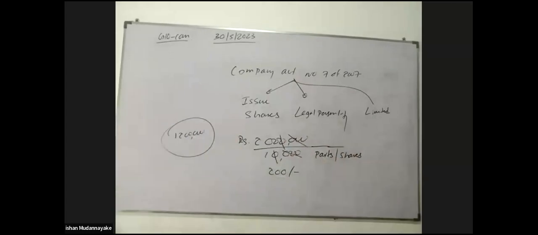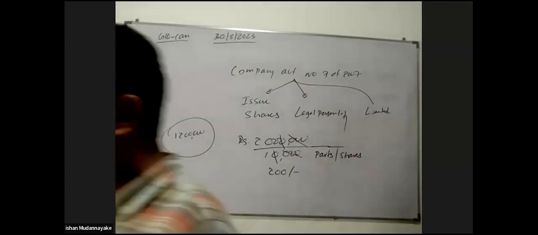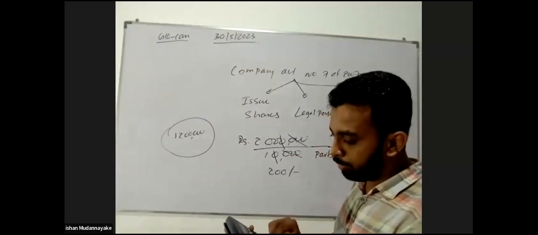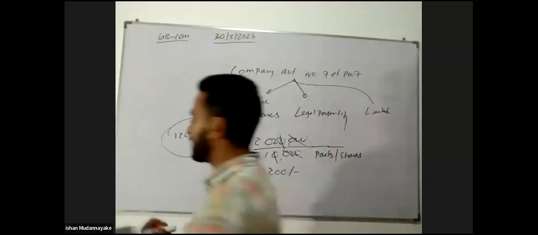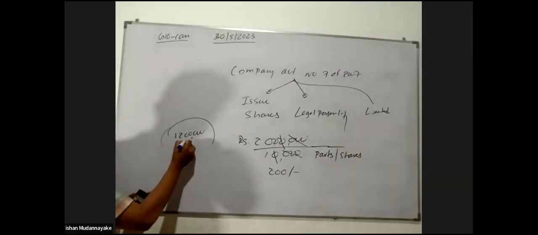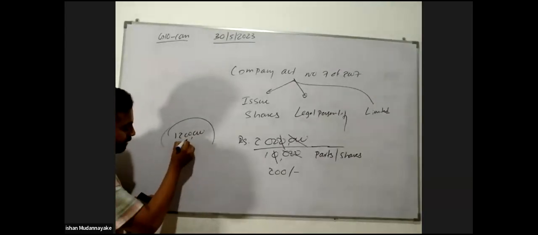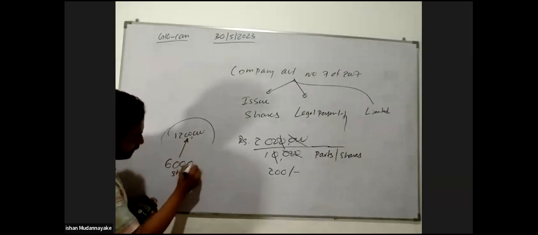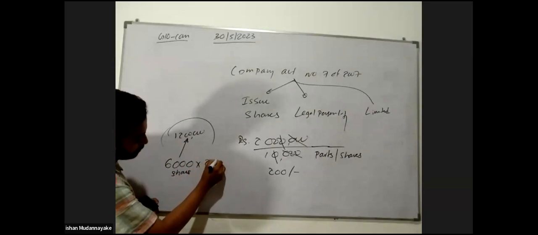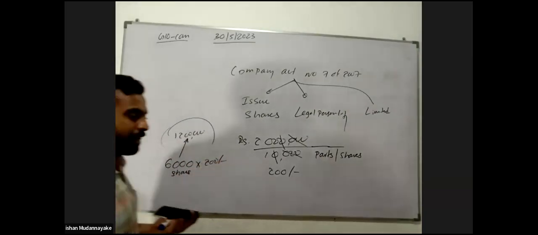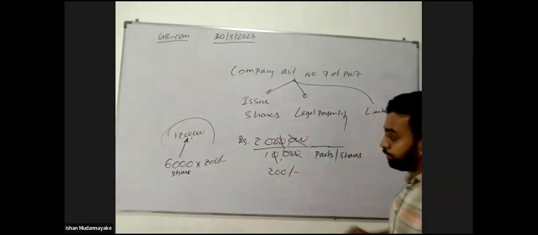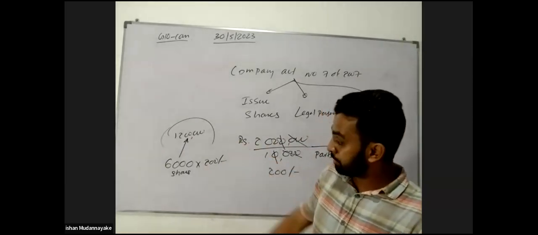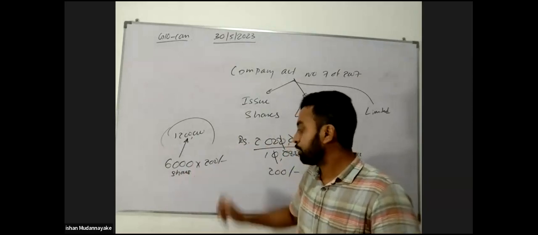It means Tanvi can purchase 1,200,000 divided by 200, that is 6,000 shares at 200 rupees. Tanvi invests 1,200,000 in this business organization by purchasing 6,000 shares at 200 rupees.